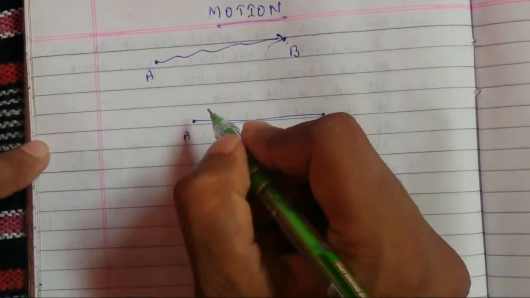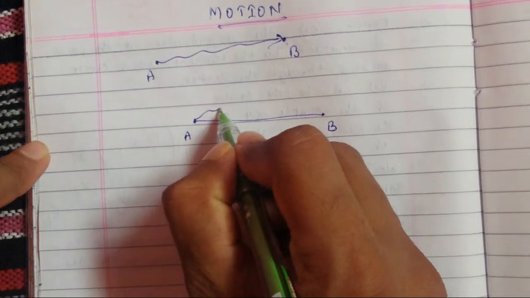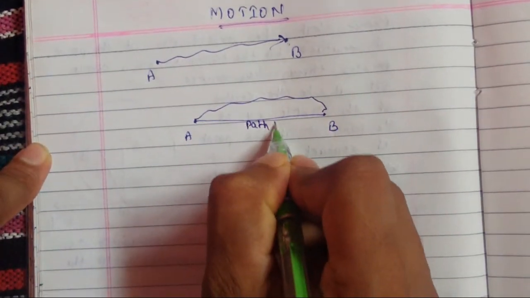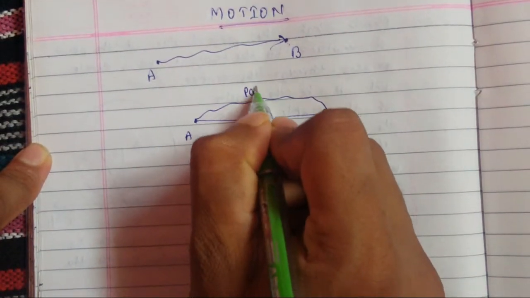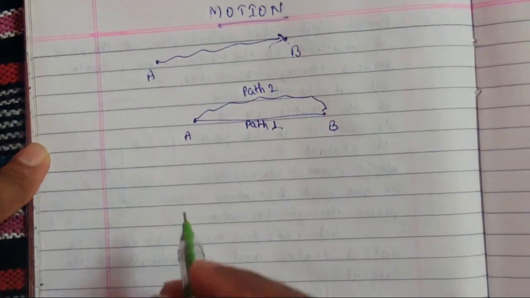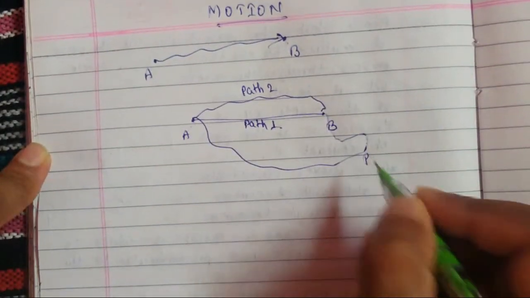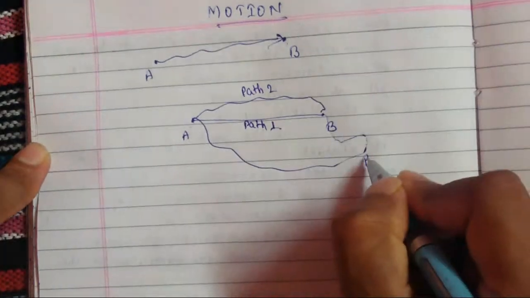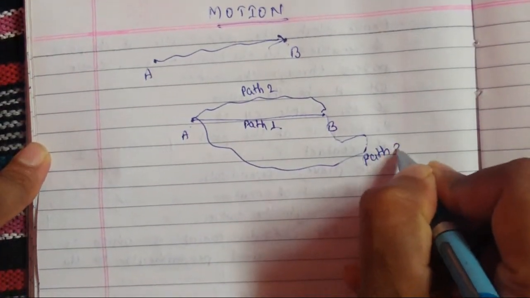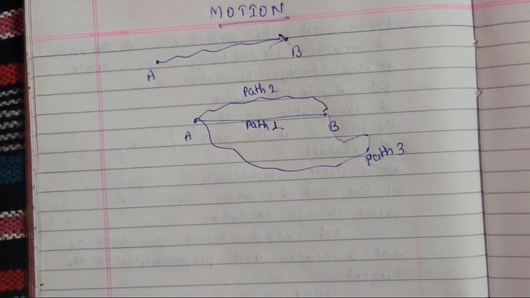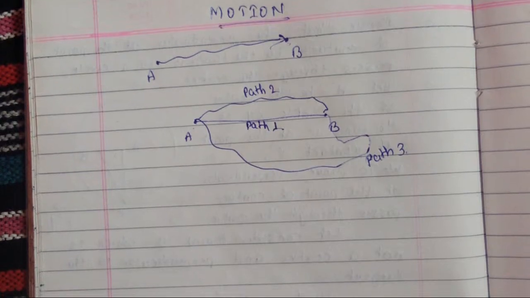Then another path. This is path 1, and I will call this path 2, and this path 3. So here you have path 1, path 2 and path 3.